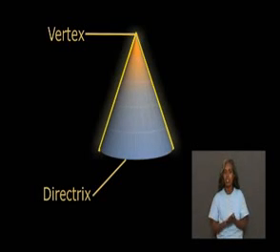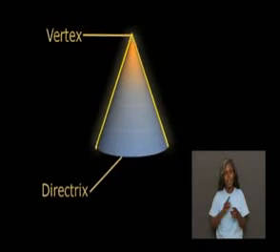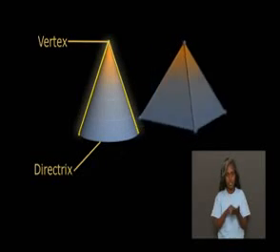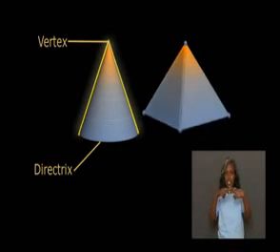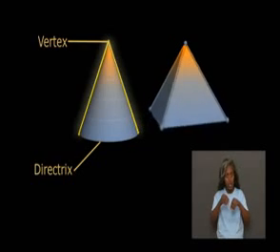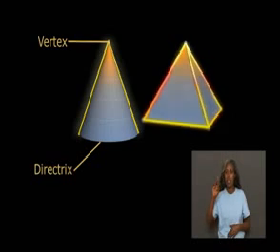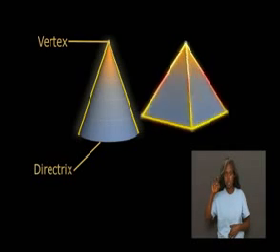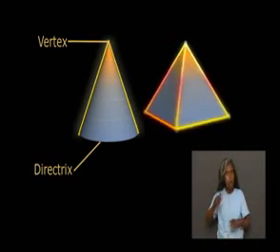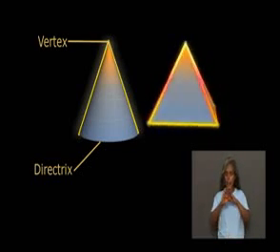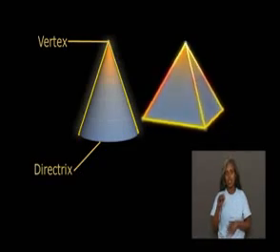The surface of a cone is generated by a straight line passing through a fixed point, the vertex, and moving along a fixed curve, the directrix. Cones are similar in some ways to pyramids. They both have just one base, and they converge to a point, the apex.